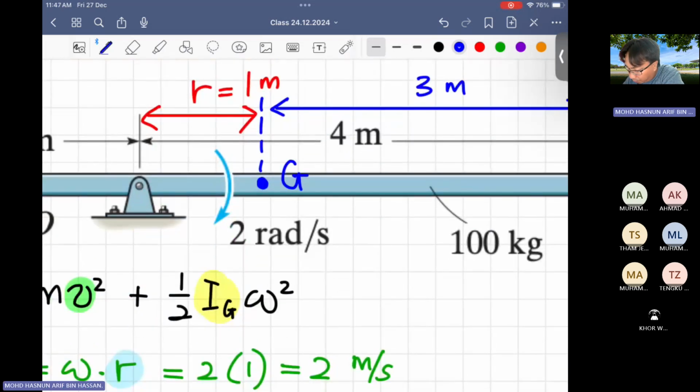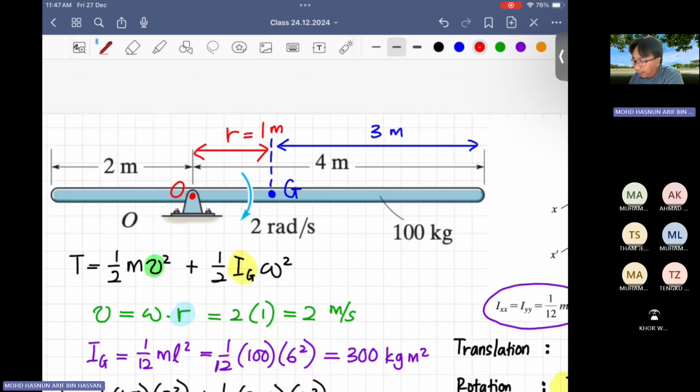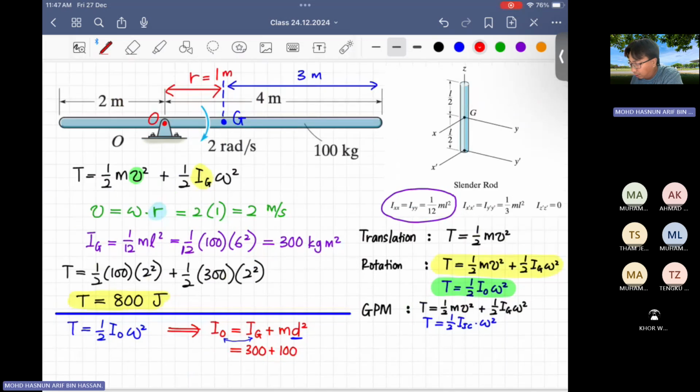This is point O. Point O is here, the center of rotation, and the distance from O to G is 1 meter. So you will write 1 square. This means IO will give you the value of 400 kg meter square.